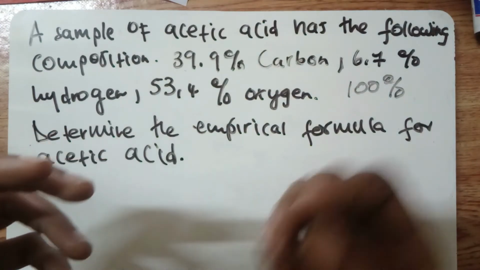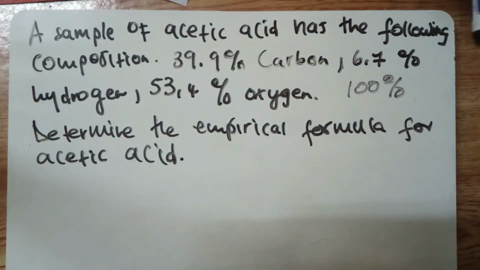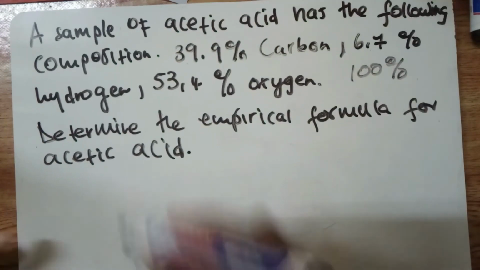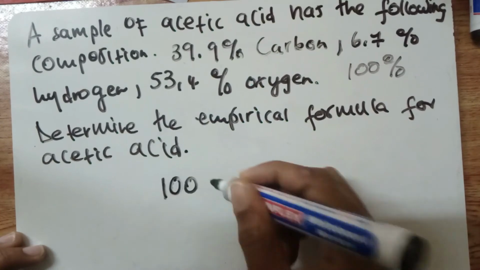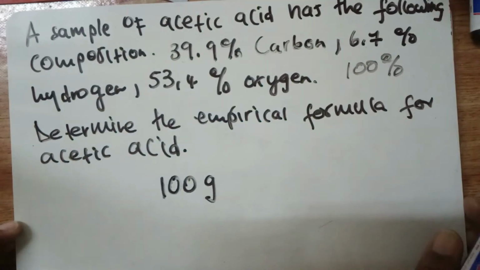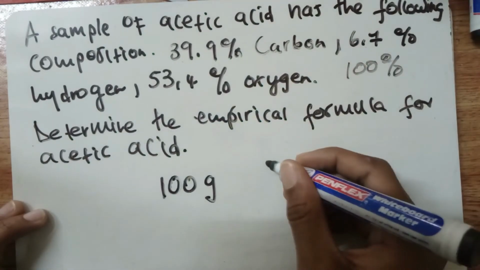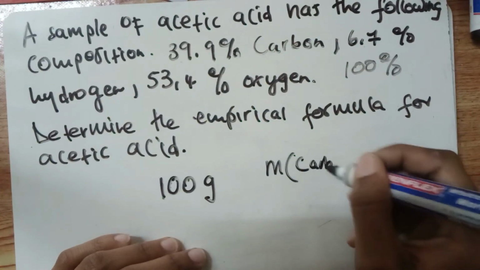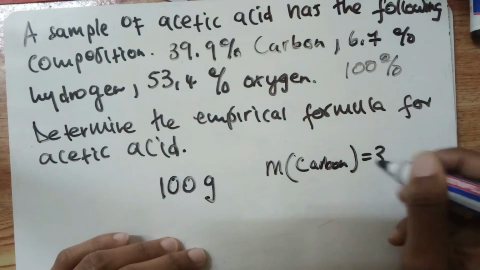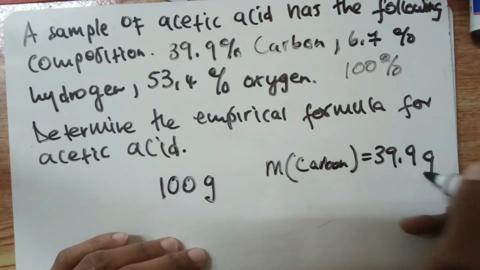This implies that if we had a sample of 100 grams, then the mass of carbon in that sample would be 39.9 grams, right?